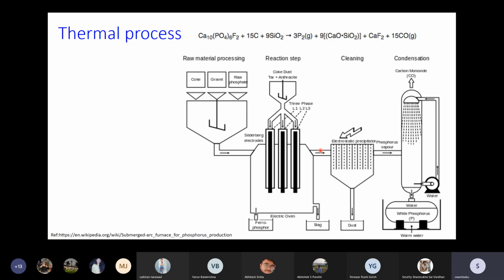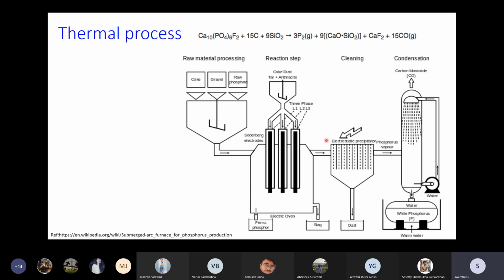Now, often along with these vapors, because we are heating at very high temperature and the materials are introduced, there's a very high chance of fine particles of coke, or fine particles of sand, or fine particles of phosphate rock also coming along with the phosphorus and carbon monoxide vapors.